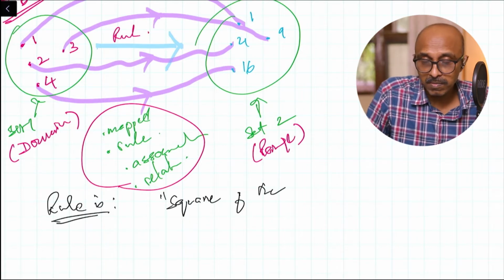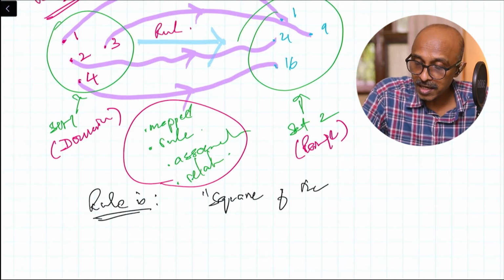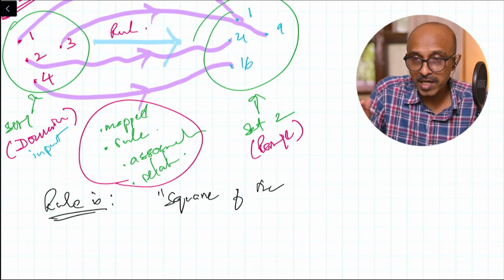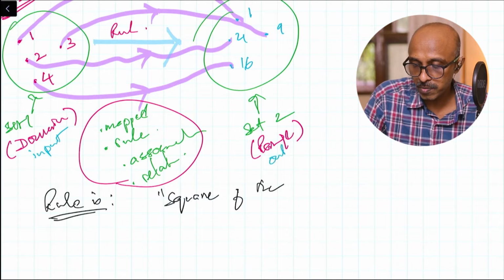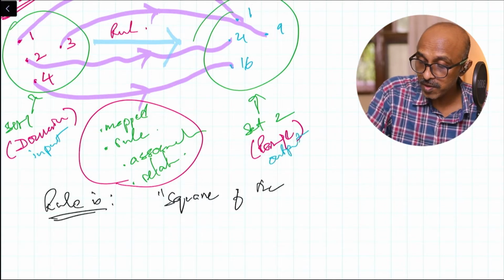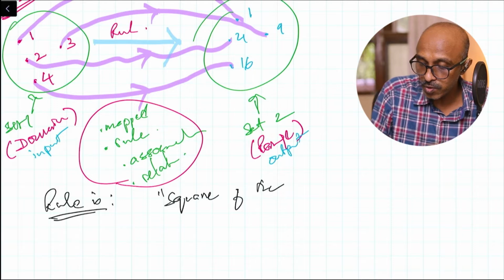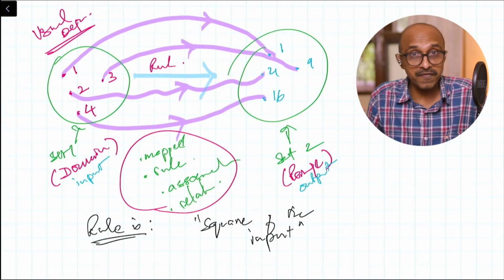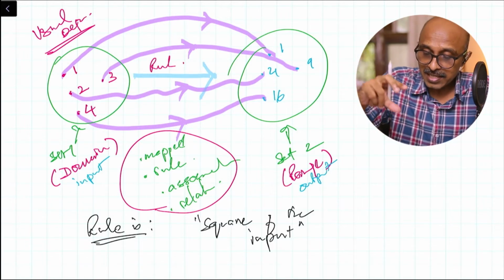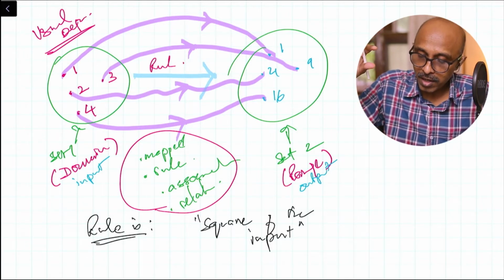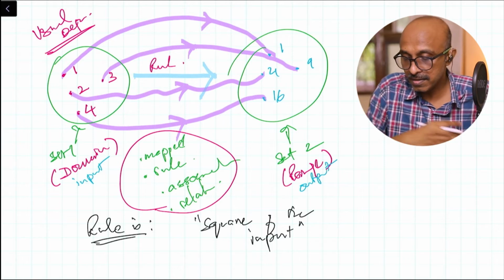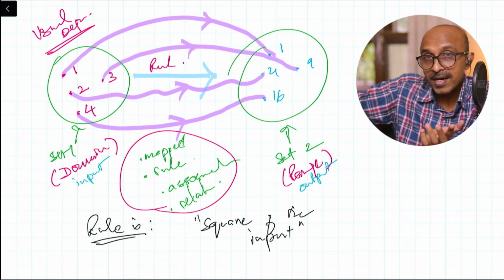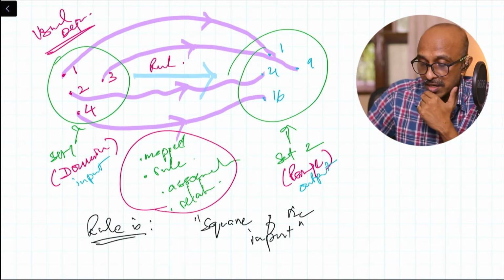I'm going to introduce one more word. The domain is also sometimes referred to as input. And if you call the domain input, then you have to call the range output. So if this is how we define the rule, we can say this rule is the square of the input. A function is a rule that connects or maps or associates or relates every element of the domain, called the input, to one element of the range.